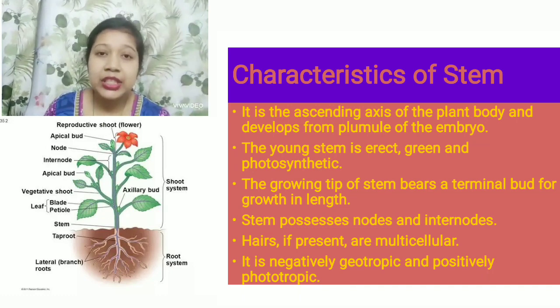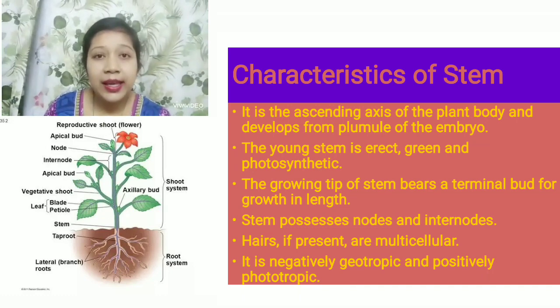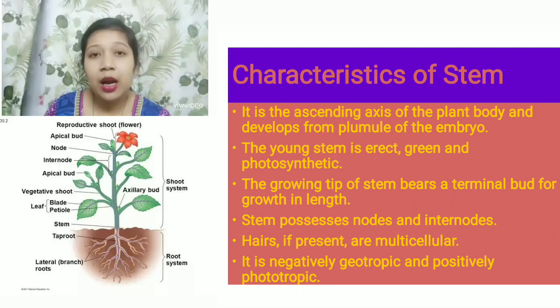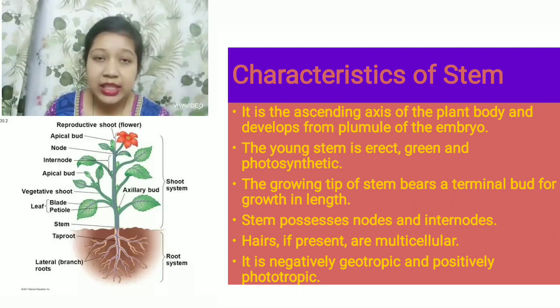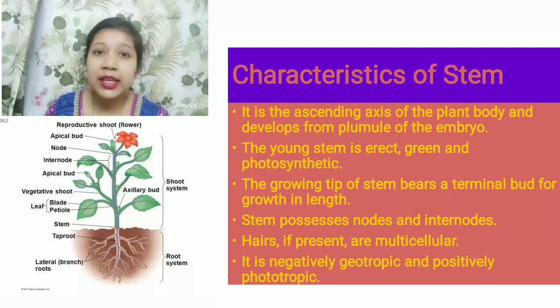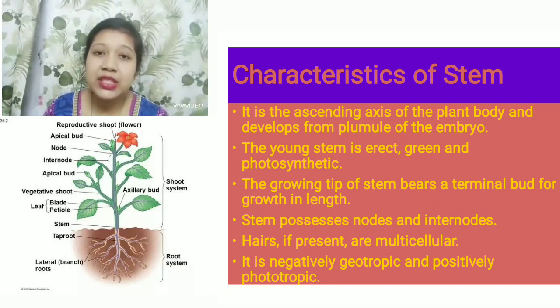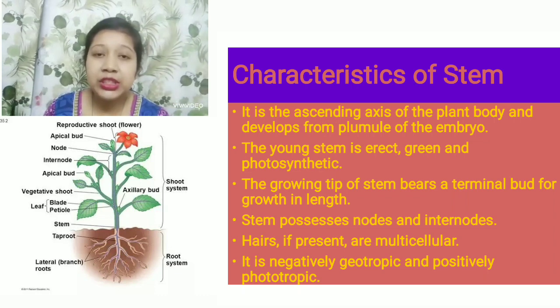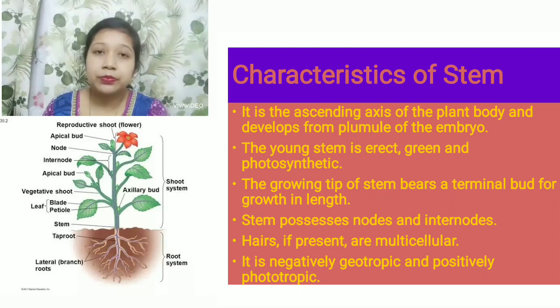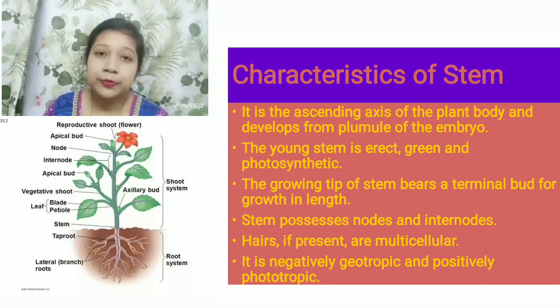They are straight, they are erect, and the young stems are basically green in color. That means they can do photosynthesis and prepare their own food. But gradually, the green stems become brown in nature because of the maturation of the tissues. So that is the second point.